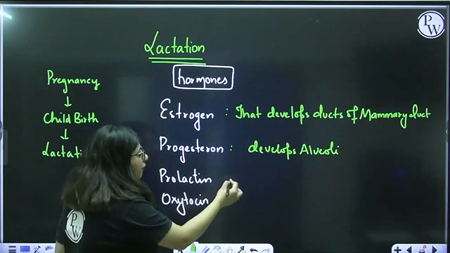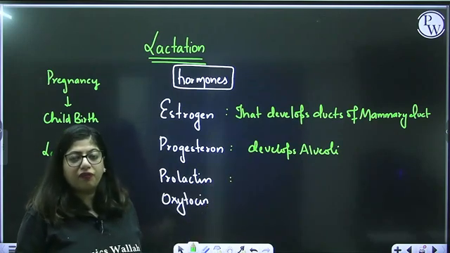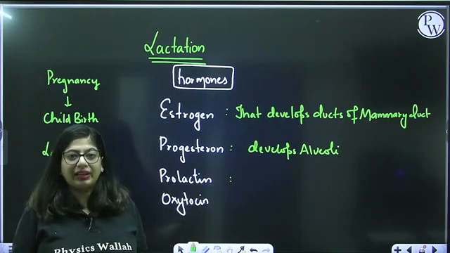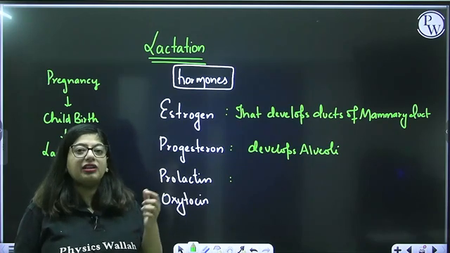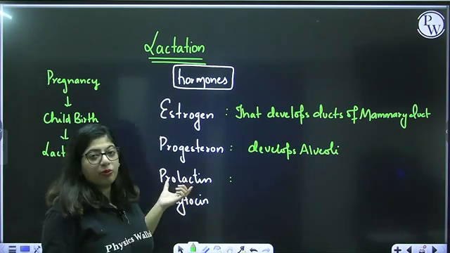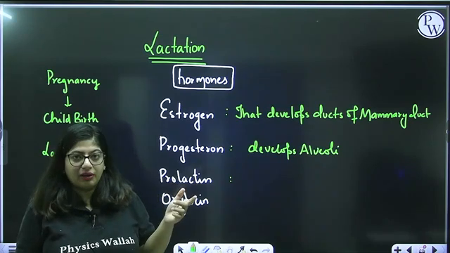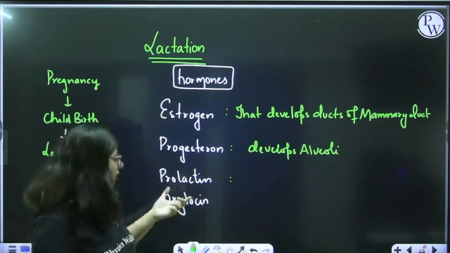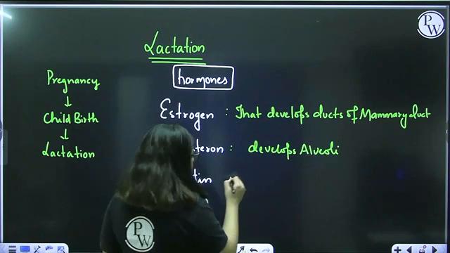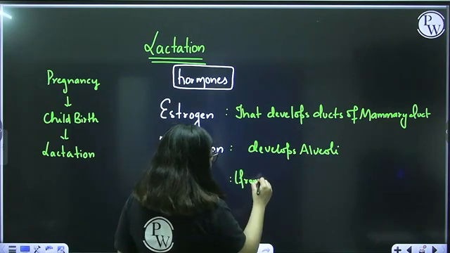Now, after the child is born, the female's anterior pituitary gland, which pituitary? Anterior pituitary gland will secrete prolactin hormone, which will help in the formation of milk. So prolactin comes from the anterior pituitary.